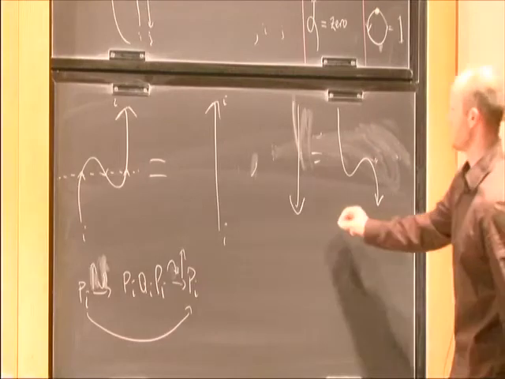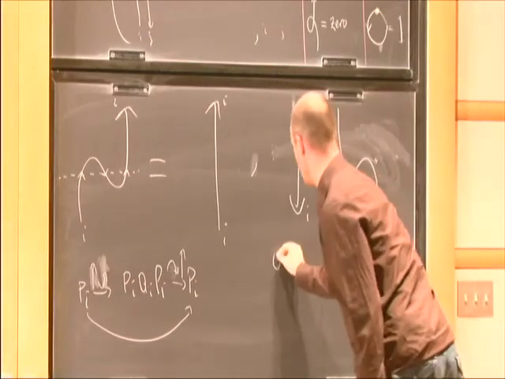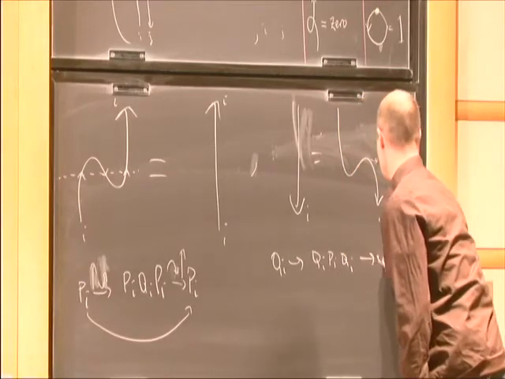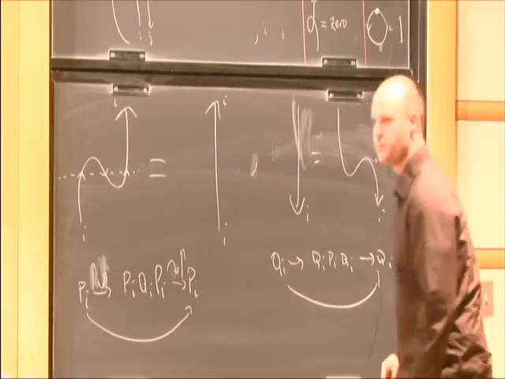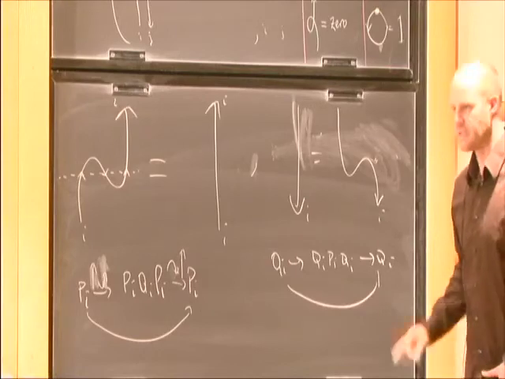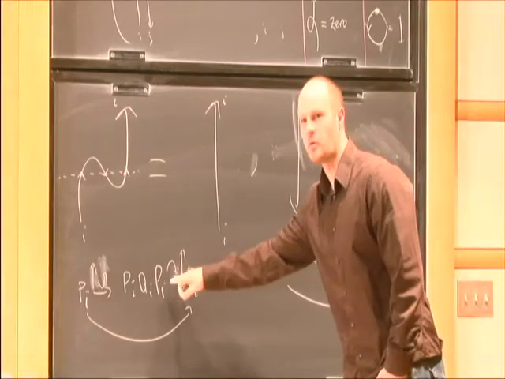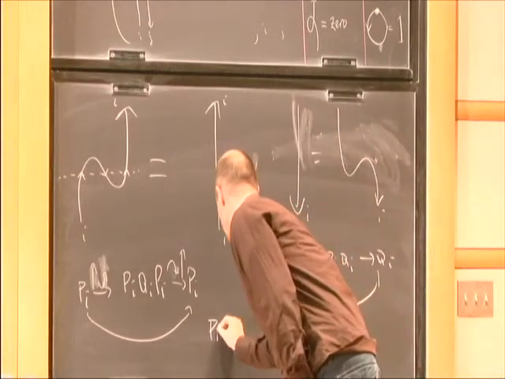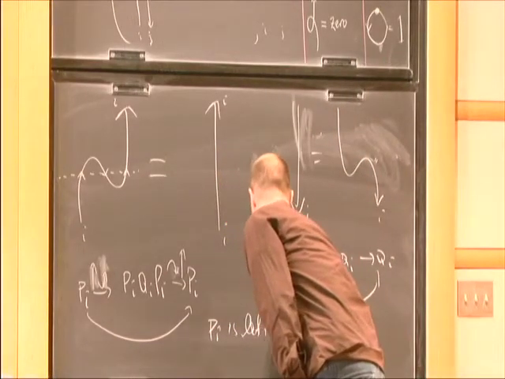This is another planar isotopy, which tells you the same thing for qi. Qi, pi, qi. So this is exactly just a restatement of this phrase, pi is left adjoint to qi.